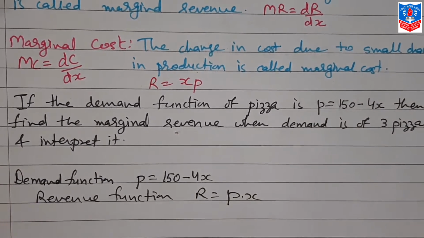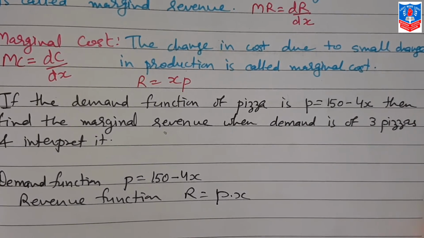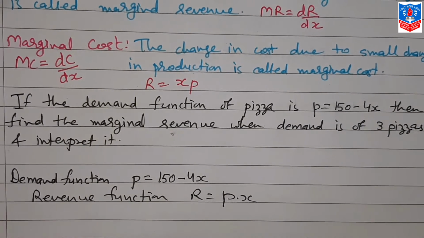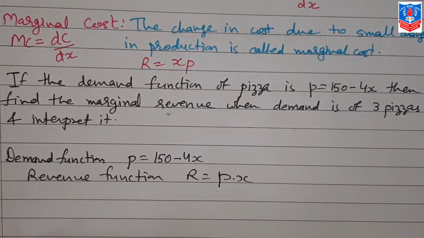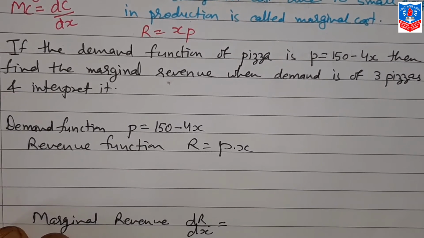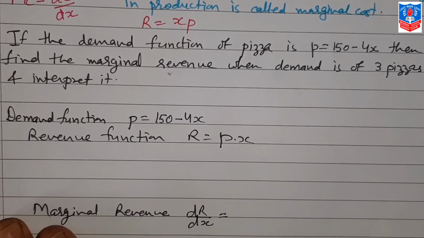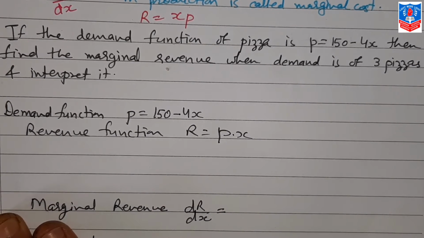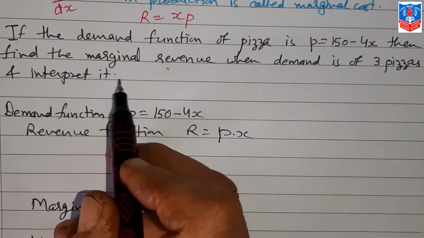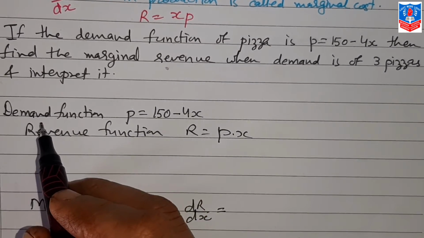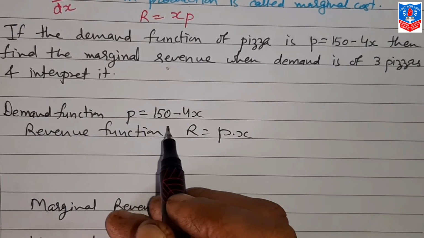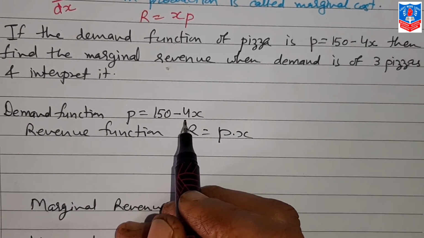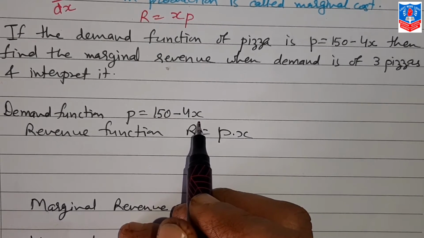The question is: if the demand function of pizza is P is equal to 150 minus 4x, then find the marginal revenue when demand is 3 pizzas and interpret it. Here the demand function is P equal to 150 minus 4x.